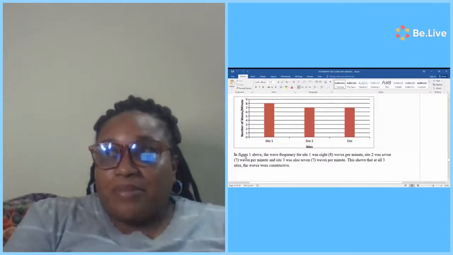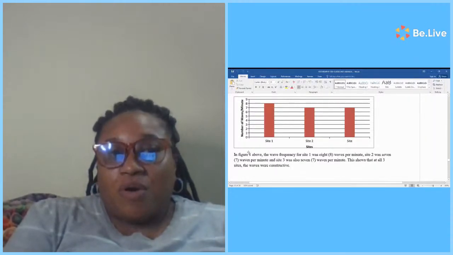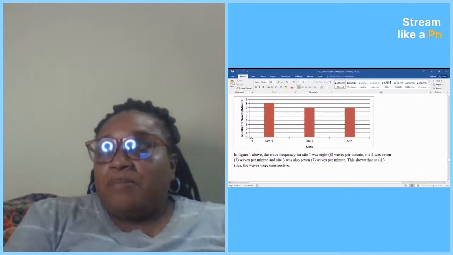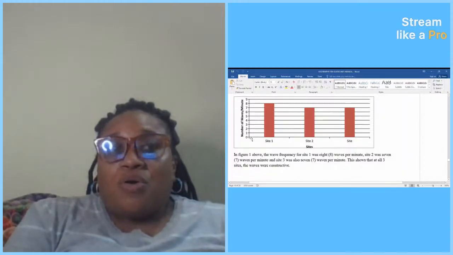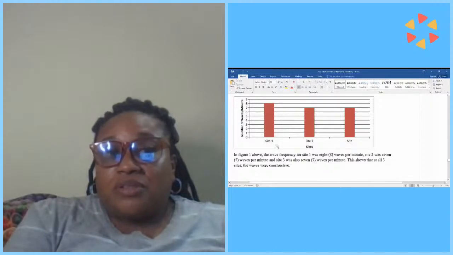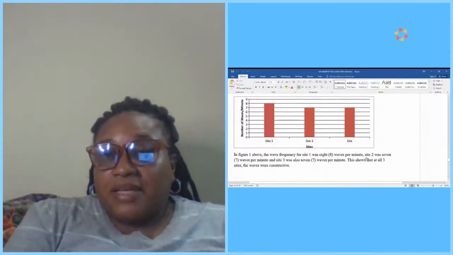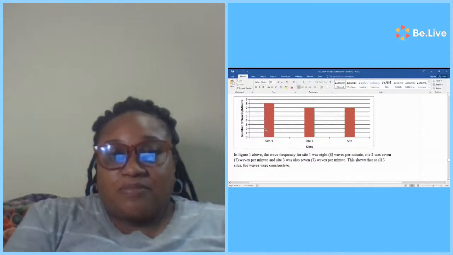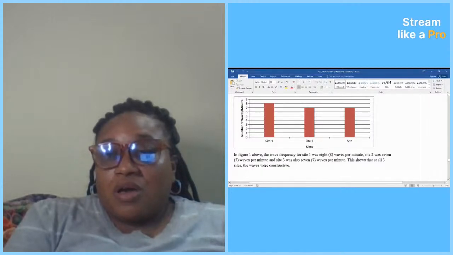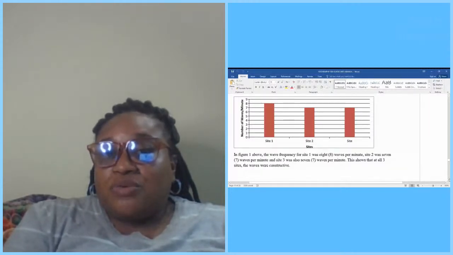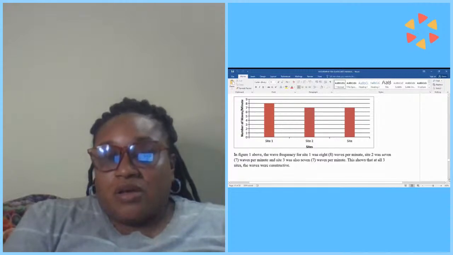So when you are describing your data, it will be in figure 1 above, or the bar graph above shows, or the figure above shows. The wave frequency for site 1 was 8 waves per minute, site 2, 7 waves per minute, site 3, 7 waves per minute. So that is what you consider description.